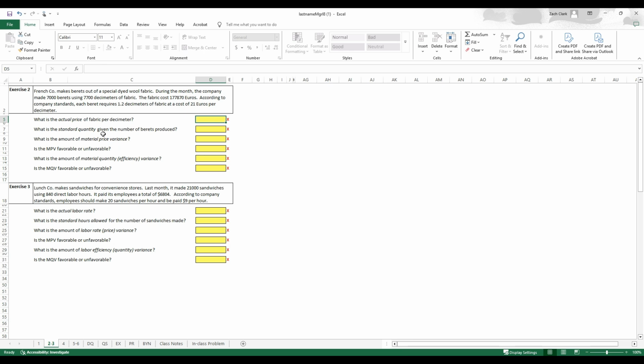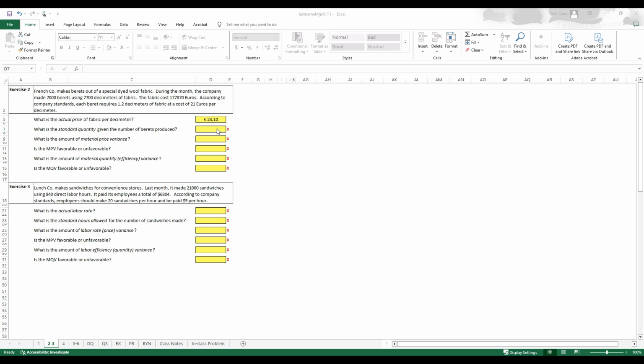So the first one says, what is the actual price of fabric per decimeter? And we calculated that out to be 23 euros and 10 cents. And again, that was by taking the total cost divided by our quantity actually used. What is the standard quantity given the number of berets produced?